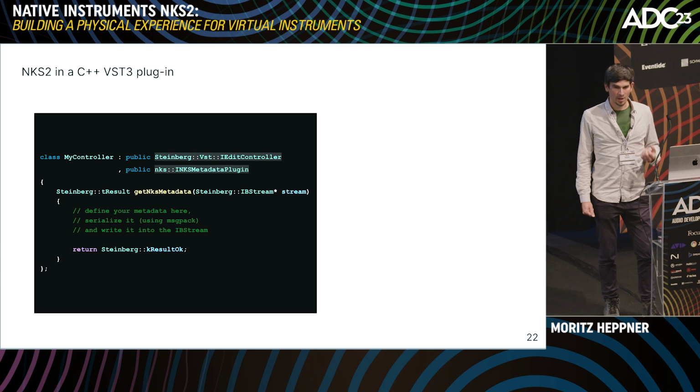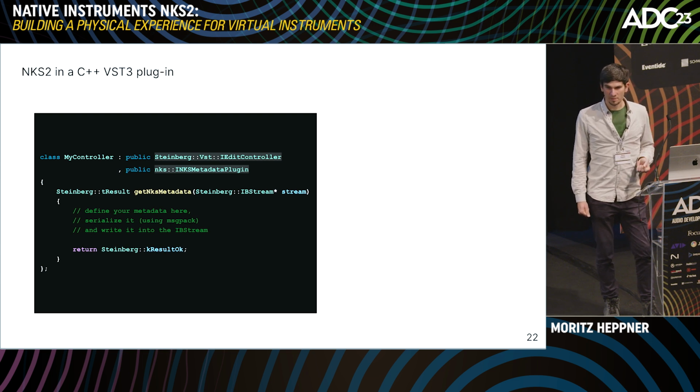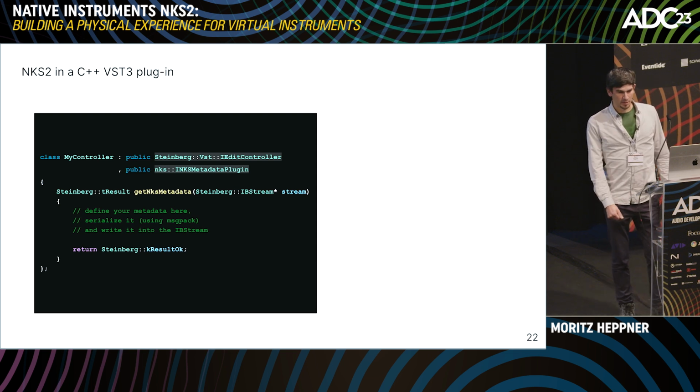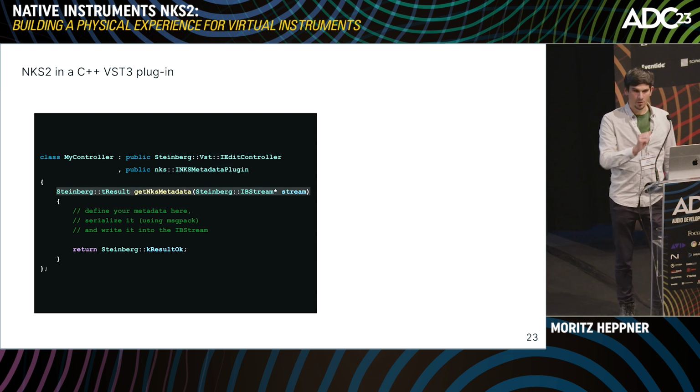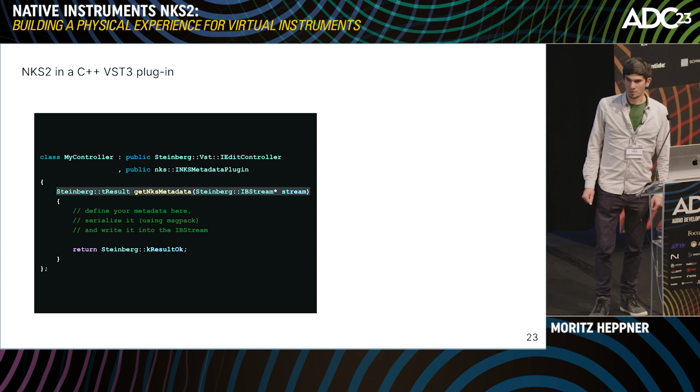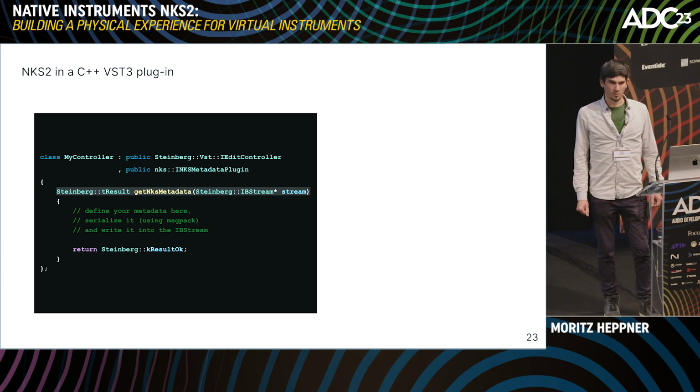So you have to derive the class that implements the edit controller interface from this interface as well. The NKS metadata plugin interface has one single function. It's called get NKS metadata. We call this function whenever we need to fetch the metadata, so it's a pull mechanism.